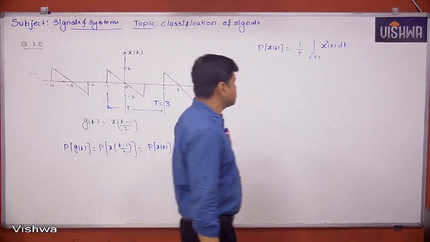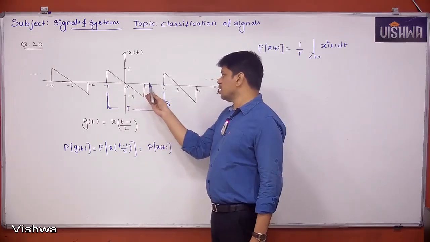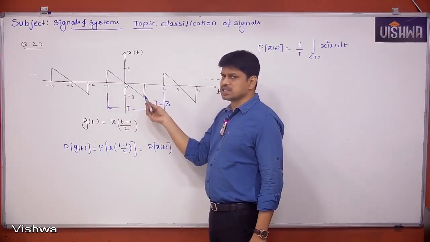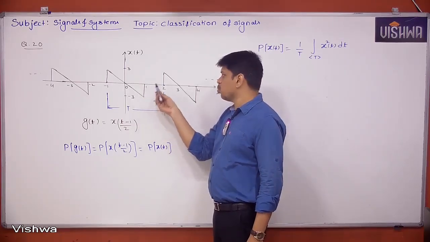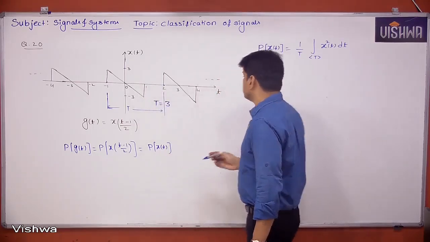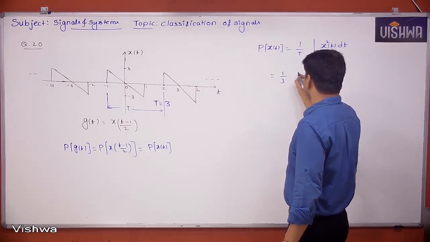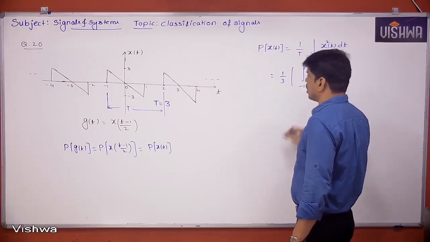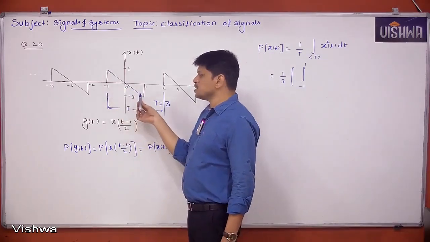Now, I can divide this integral into two parts, minus 1 to 1 and 1 to 2. Because from minus 1 to 1 we have a single function, a straight line passing through the origin with a negative slope, and from 1 to 2 the value is 0. The function is y is equal to mx.